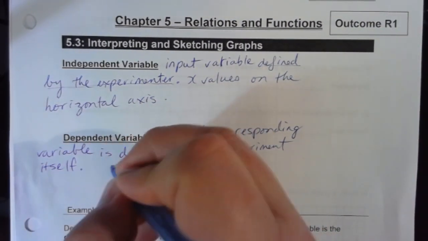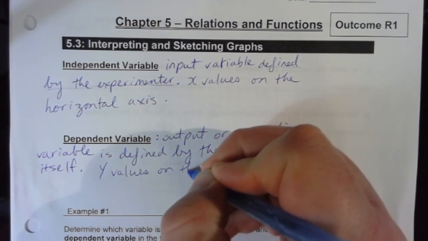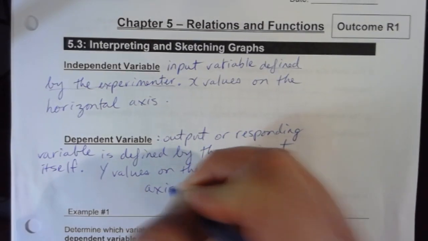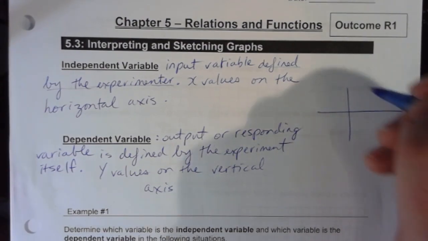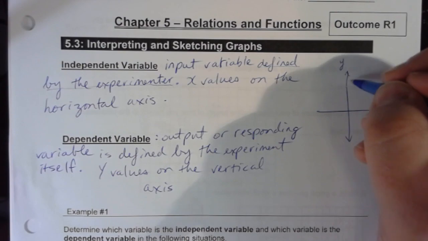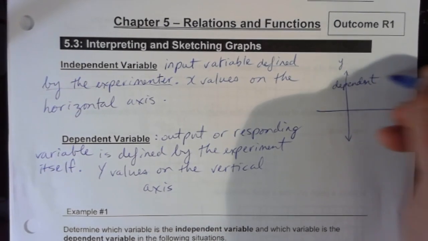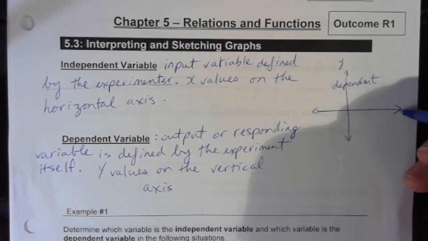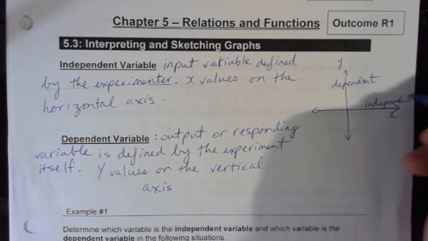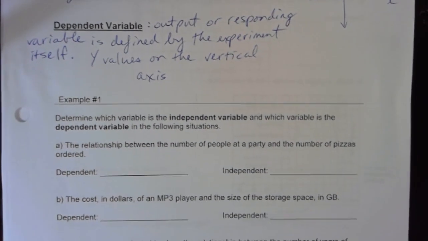So this is the y values on the vertical axis. So let's make a quick sketch of that to make sure we all understand that the vertical is this way, right? So the y-axis is up and down that way, and this is my dependent along here. And this is the x-axis, or the independent, along that way.